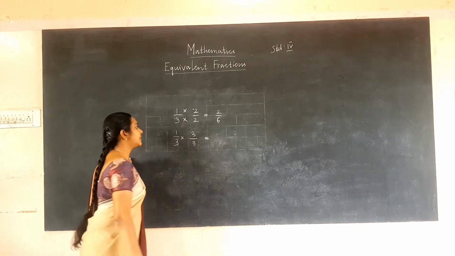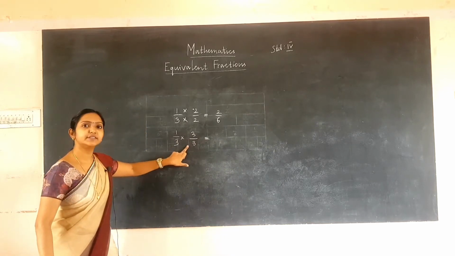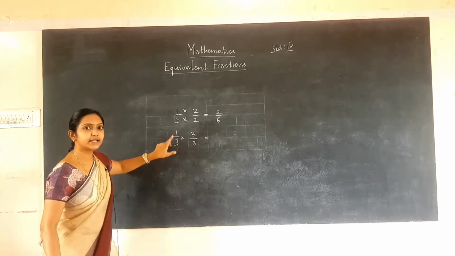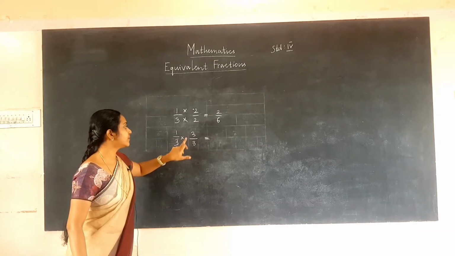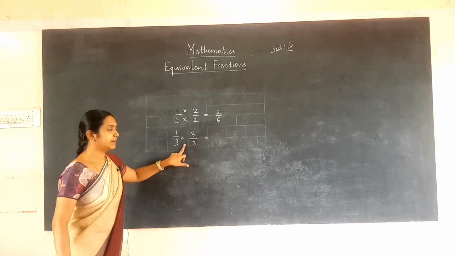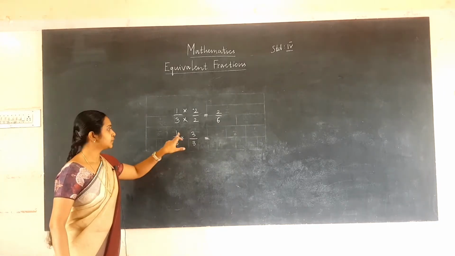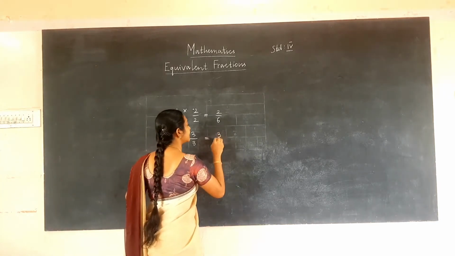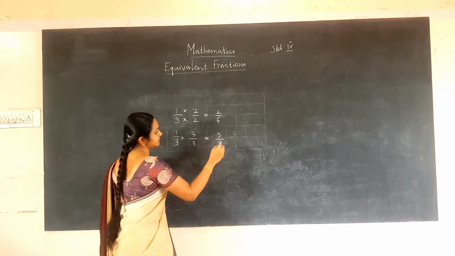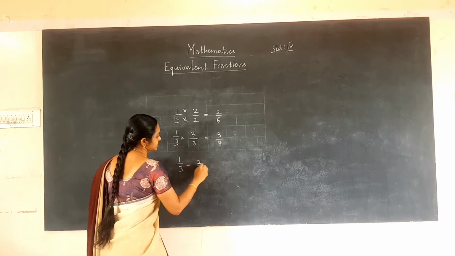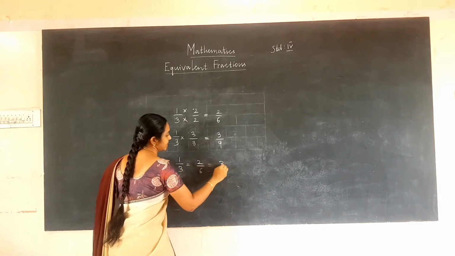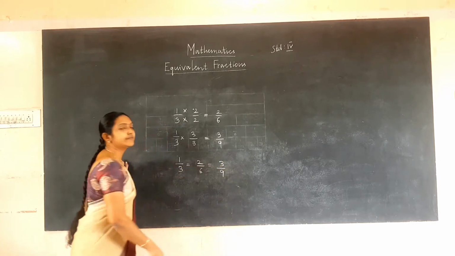This is the numerator and this is the denominator. We have to multiply both the numerator and denominator with the same number. Here we are multiplying with 3. 1 into 3 is 3 and 3 into 3 is 9. So 1/3 is equal to 2/6 is equal to 3/9. All these are equivalent fractions.